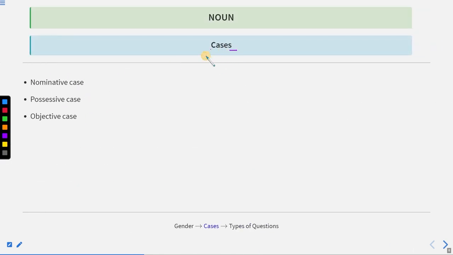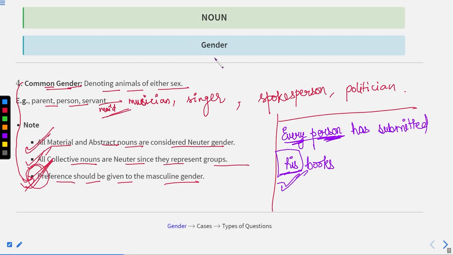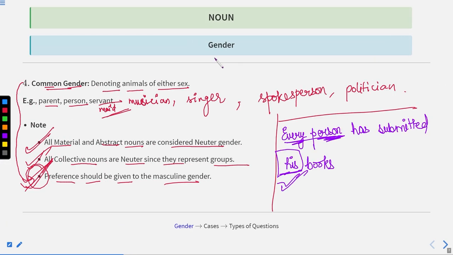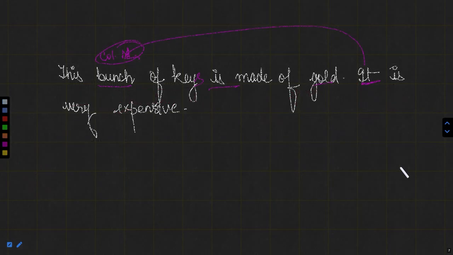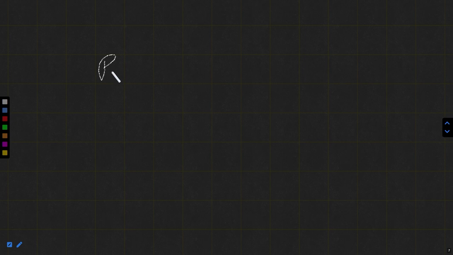But before cases, as I told you, in cases of gender, when we talk about objects, we say that objects can also be masculine or feminine. This is actually the structure of personification. Now let me tell you what is personification. Personification is a figure of speech which you can see in literature, used in poetic language.